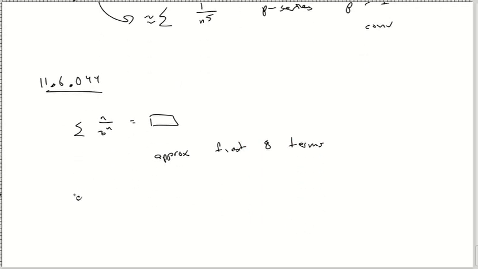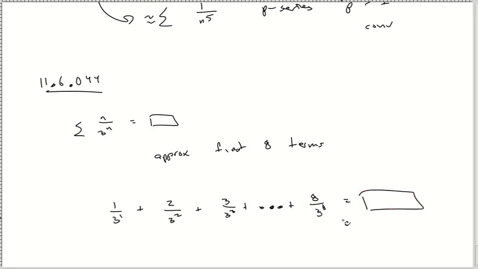Basically, I'm plugging in a 1, a 2, a 3: 1 over 3 to the 1, 2 over 3 to the 2, 3 over 3 to the 3, and so on all the way to 8 over 3 to the 8. And you know what I did to get this? I just used a calculator, typed it all in, and got a number, to 3 decimal places, 0.749. Awesome.